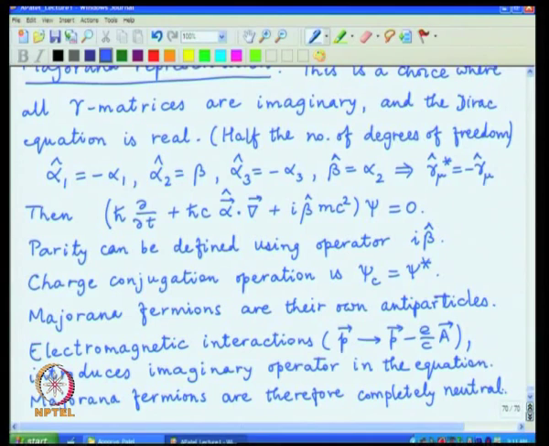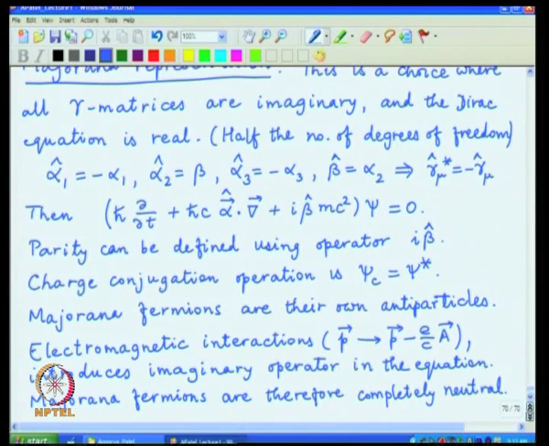They cannot have any interaction of this p going to p minus a type, and that includes both electromagnetic type interactions and also the chiral type of interactions which are possible in the case of weak interactions.